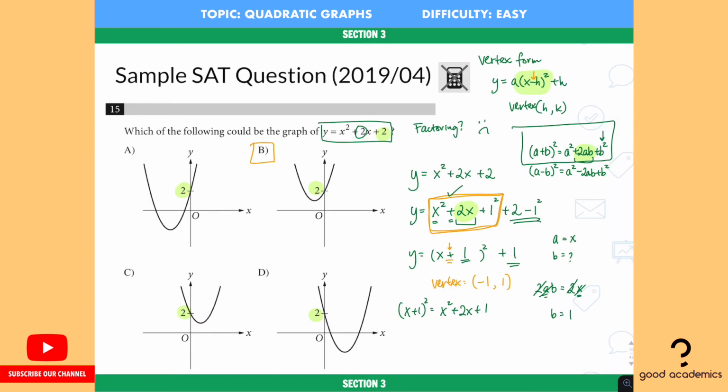Right here, choice B. Now, what would happen if you use the quadratic formula to solve for x? Well, as you can see here, the quadratic graph doesn't touch the x-axis. Then you would end up finding a pair of imaginary roots that it's not going to help you in any way.